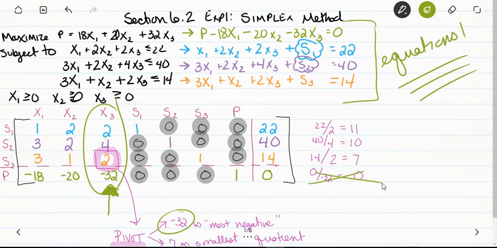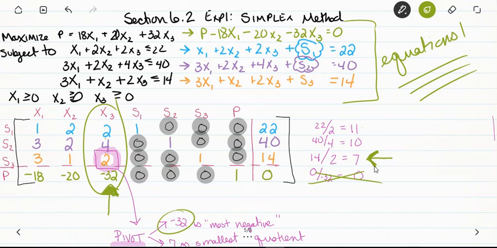I just wanted to show it in case someone had a question, well, why didn't we consider that negative 32? Well, out of these 3, we have a winner, and that's the 7. The 7 is the smallest quotient. So what does that tell us? It tells us that we want to pivot from the orange 2.